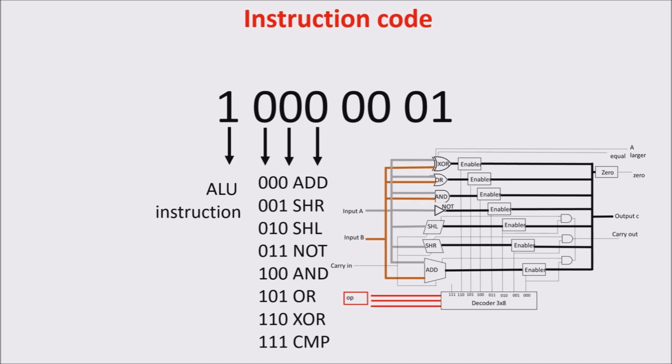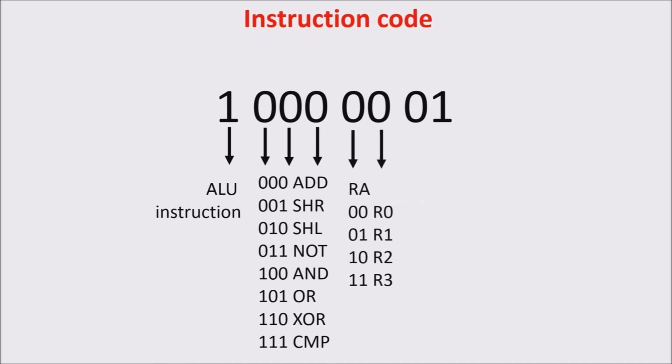Remember, these 3 bits go unchanged to the ALU and they are called the opcode because they define the operation to be executed. These 2 bits define the first register involved, register A, so the first operand of the ALU. These other 2 bits define the other operand of the ALU, or register B.